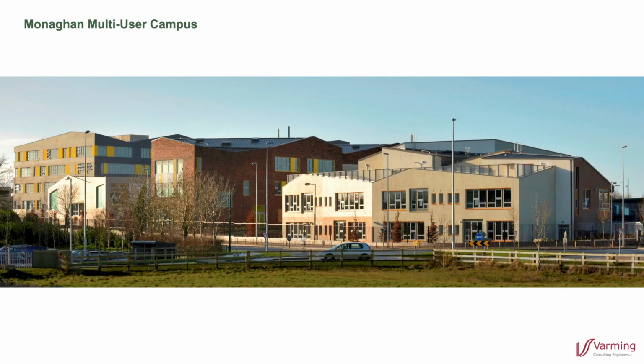This is the example we did a couple of years ago. This is, again, not with Engineers Without Borders. It's a multi-user campus up in Monaghan. At the time, this campus, I'm not sure of the town, but the site wasn't on the gas network. We inquired about getting a gas line out to it, and it was quoted in the hundreds of thousands of euros to do it.